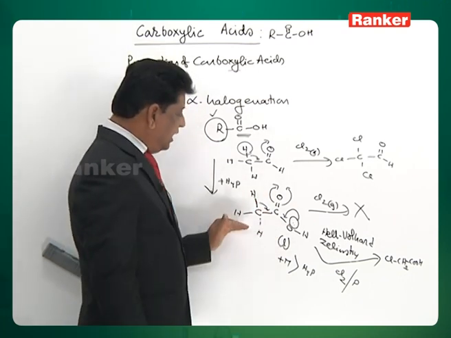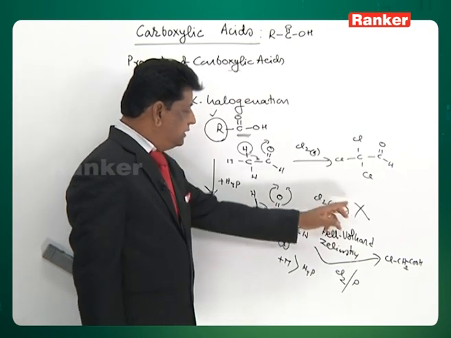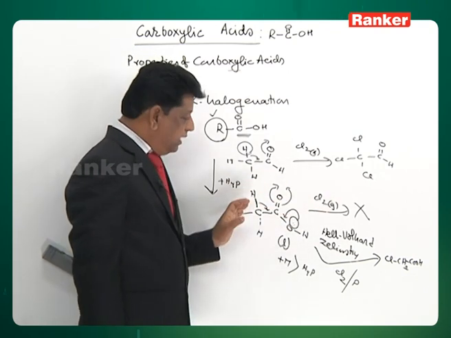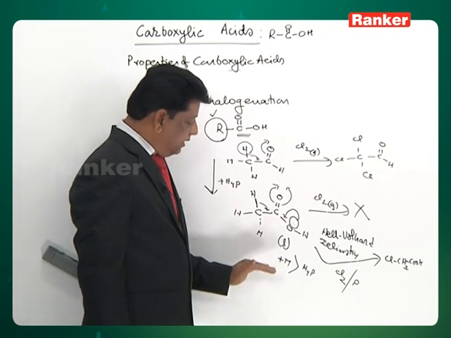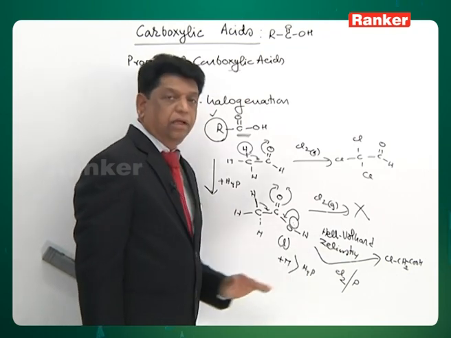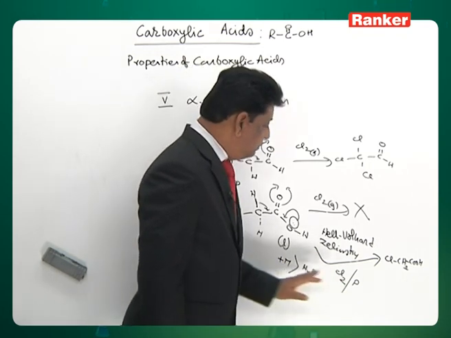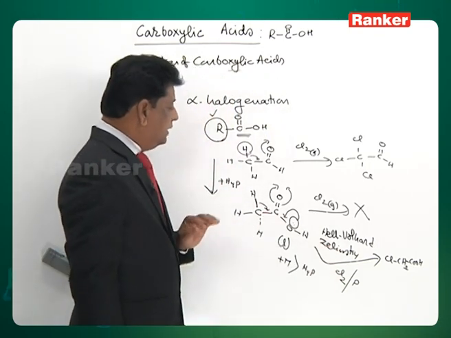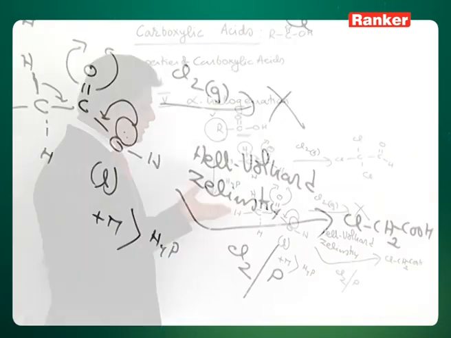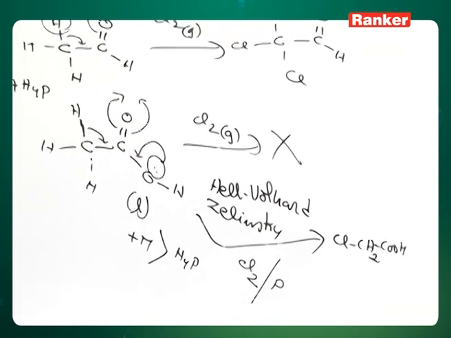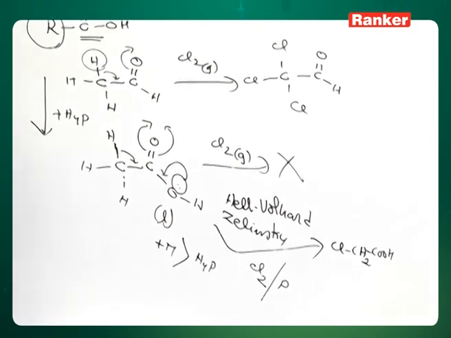Therefore, alpha halogenation, which was not possible directly with ordinary chlorine, became easy in the presence of phosphorus. It is a slightly improved reaction, nothing but alpha halogenation. So this reaction is called the Hell-Volhard reaction.